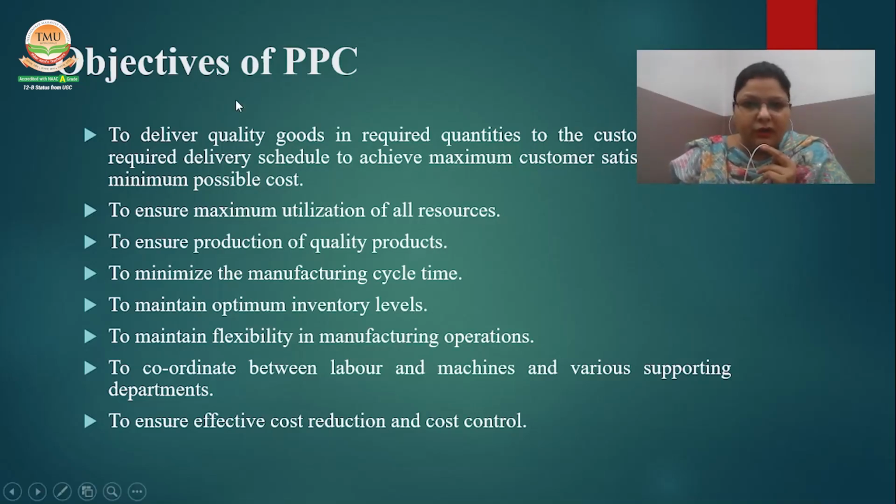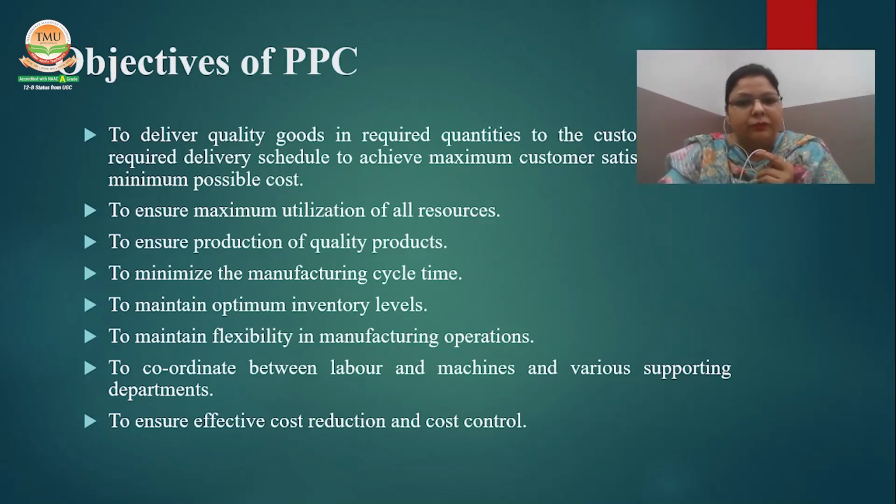Suppose there is a demand of 1000 units in 1 week, so it is the responsibility of the production unit to reach the 1000 units anyhow, and supply them as fast as possible to the customer, with a proper delivery schedule, to achieve maximum customer satisfaction at minimum possible cost. Next is to ensure maximum utilization of all resources.